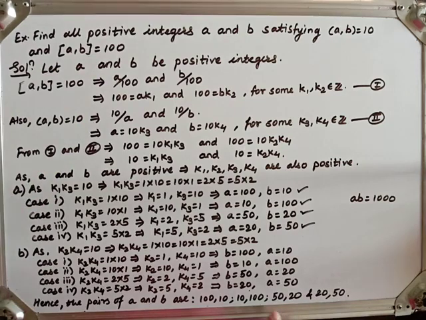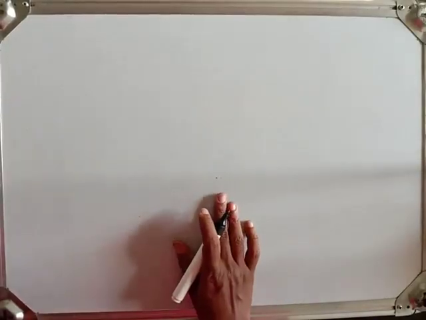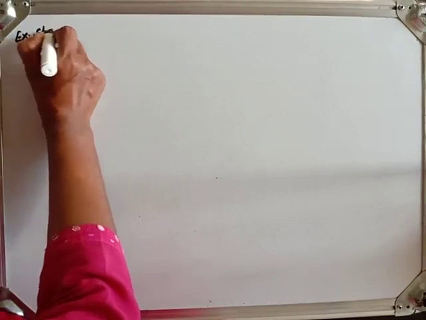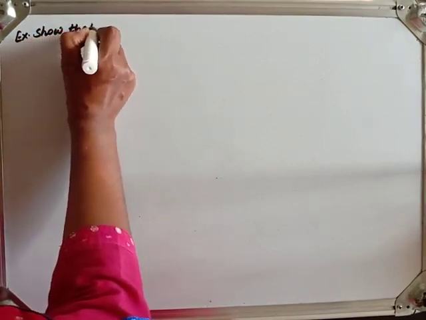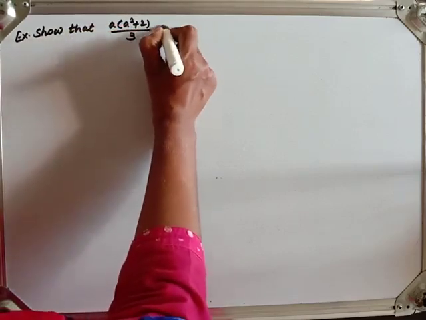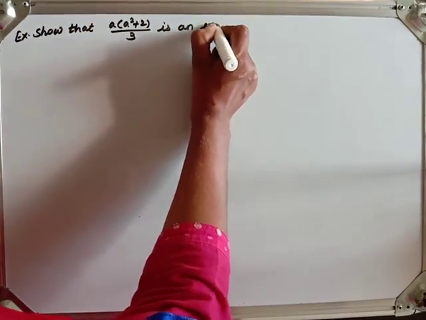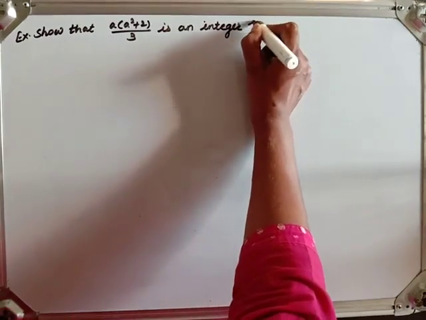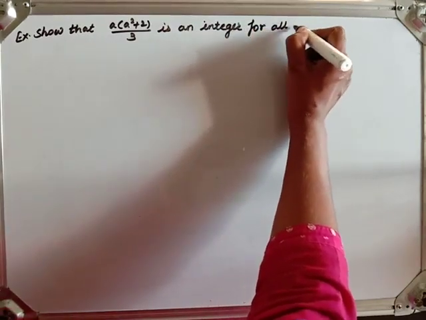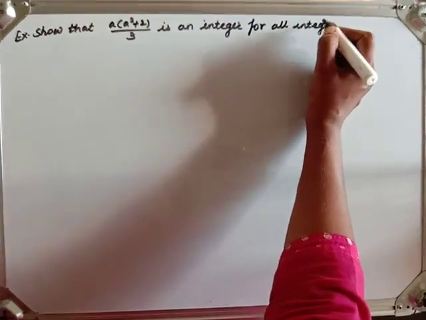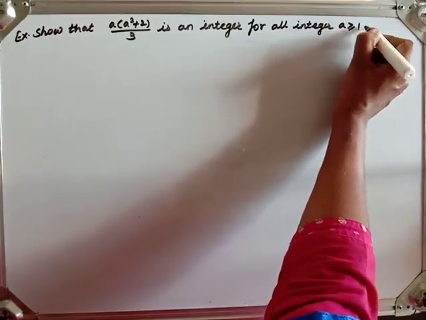This is about this problem. Now let me go for the next problem. Next problem is that, for example, show that a into a square plus 2 upon 3 is an integer for all integers a greater than or equal to 1.